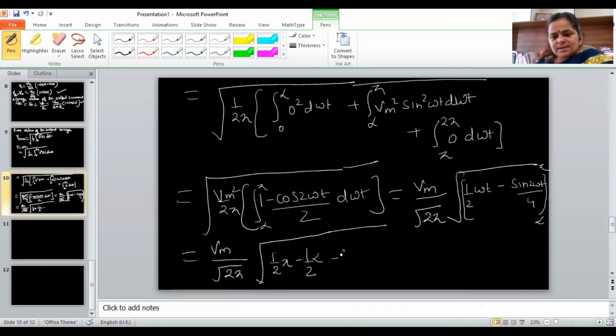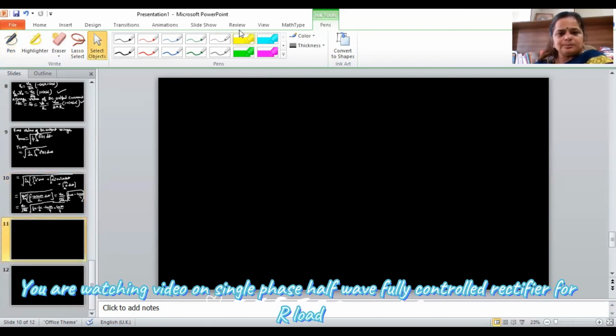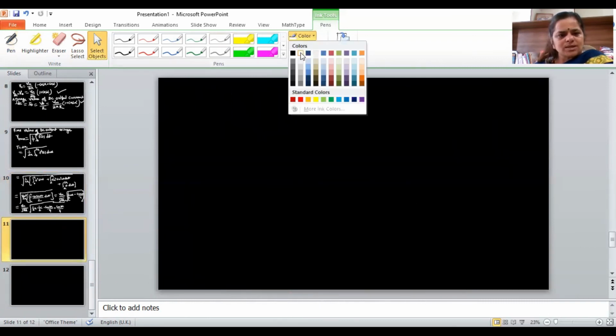Minus sine 2 pi upon 4. And 1 minus is there, 1 minus of lower limit. So plus sine 2 alpha by 4. Okay. So when I solve it, what am I going to get?